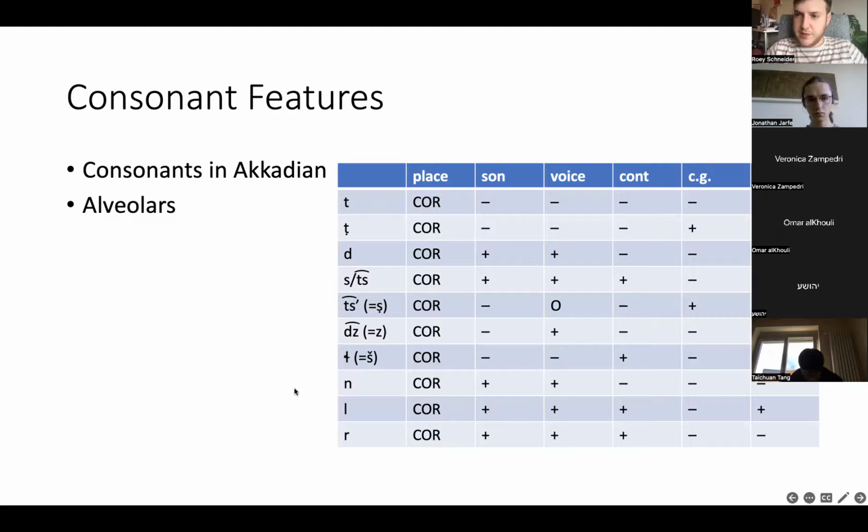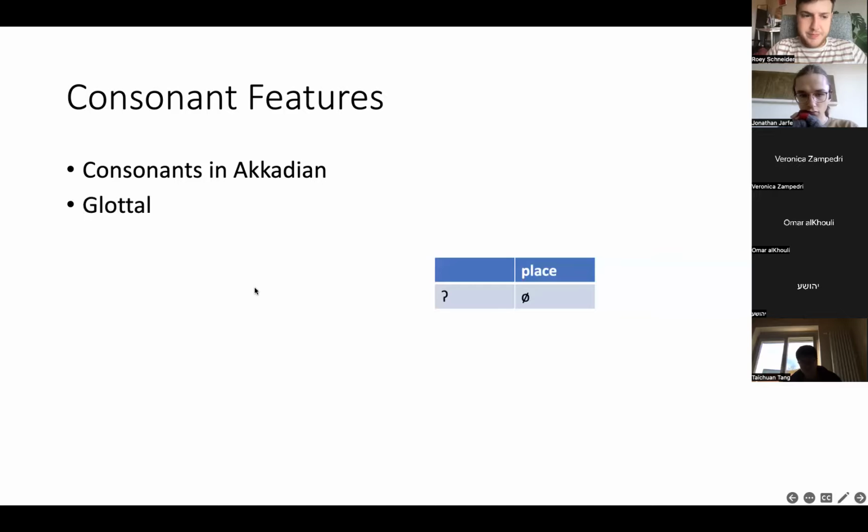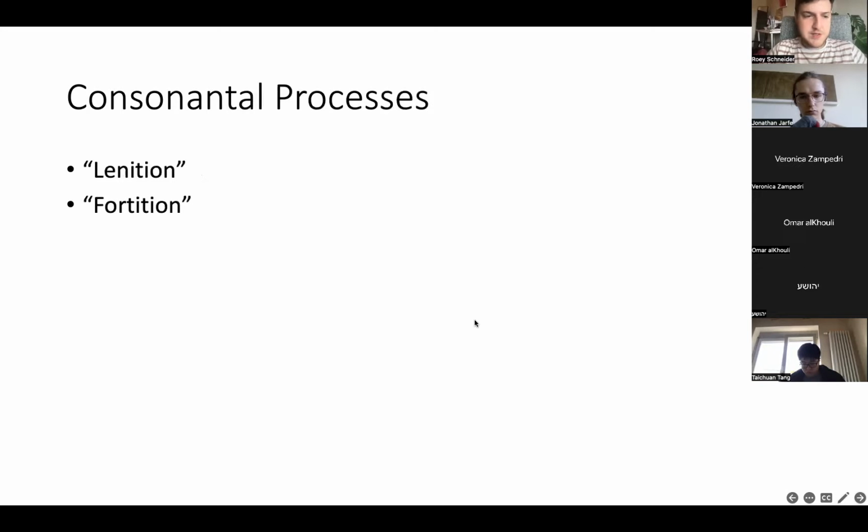There's one labial sonorant M, but three alveolar sonorants N, L, and R. And also the sibilants, which are all alveolar, and the alveolar stops. Everything clear so far? Okay, because we're going to talk about all of these now, and just the one glottal that I don't know if it existed or not.